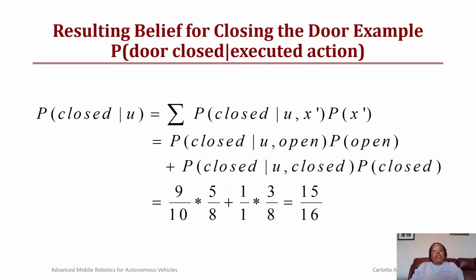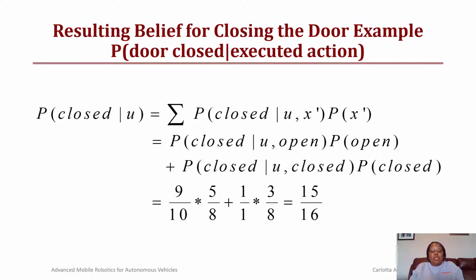So now we have the resulting belief for the closing the door example. The probability that the door is closed, given that the robot has executed a closing action, would be the summation of the probability that the door is closed given the action and the previous state of the door, times the probability of the previous state of the door. So we're going to have two: one of them assuming the door was previously open, one of them assuming the door was previously closed.